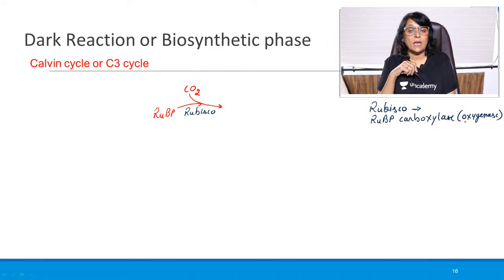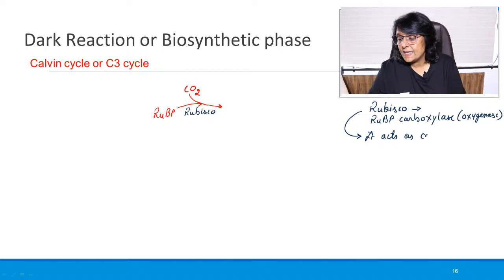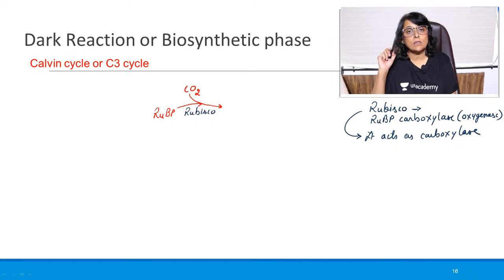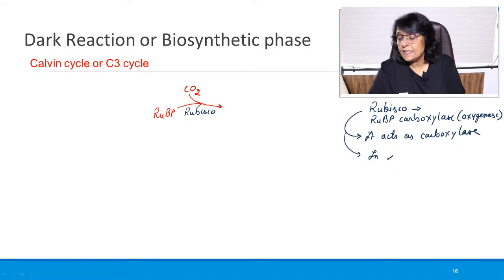What does this mean? It means that Rubisco acts as carboxylase as well as oxygenase. So here we will write that it acts as carboxylase. What would be the function of carboxylase? That is addition of carbon dioxide. But in some conditions, Rubisco acts as oxygenase.